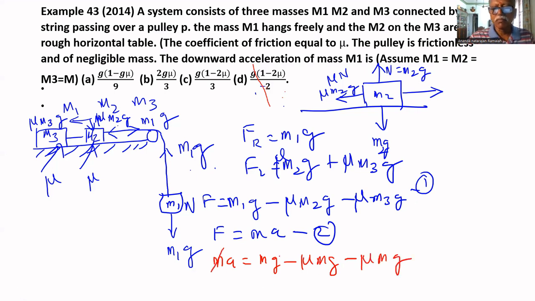All M getting cancelled. Therefore, a equal to g into 1 minus 2 mu divided by M.